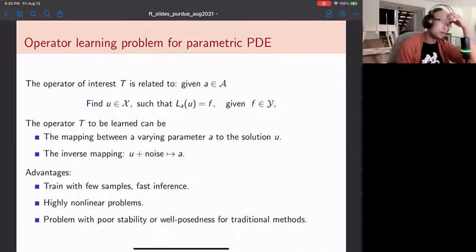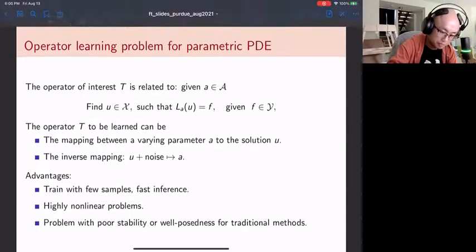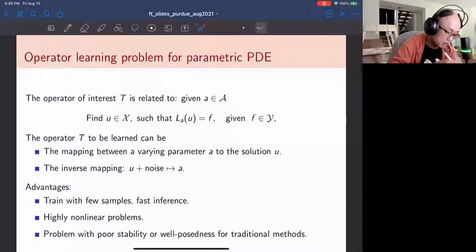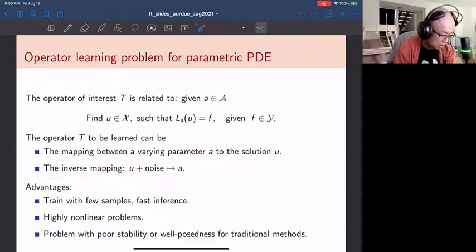The problem is parametric PDE. For example, we can think of it as an operator equation. We want to learn an operator T, where A is our coefficient.